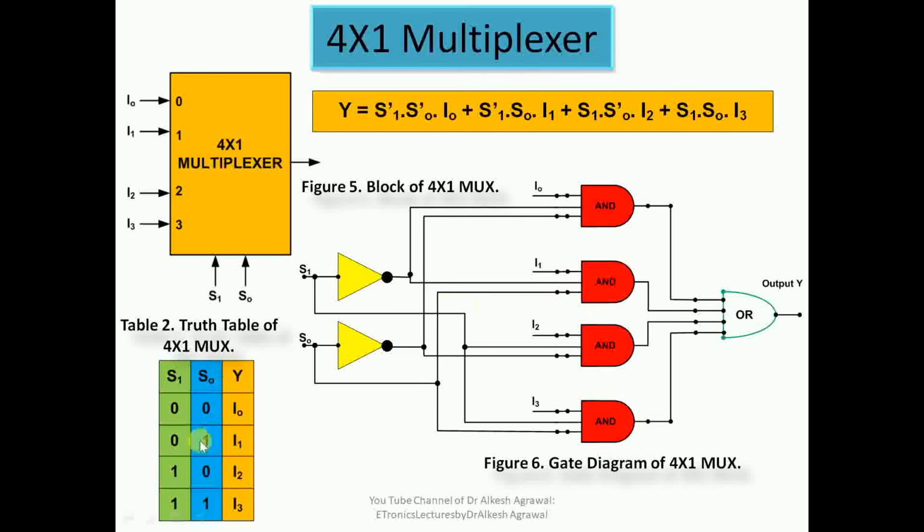So for the next combination, S1 0 and S0 1, this gate is activated and what we get at the output is I1. Then the third gate is connected through S1, so when S1 is 1, its input is 1. When S0 is 0, this output is high, this is 1, so this gate is activated and at the output we get I2. For this gate, S1 is 1 and S0 is 1, so this gate is activated and at the output we get I3.